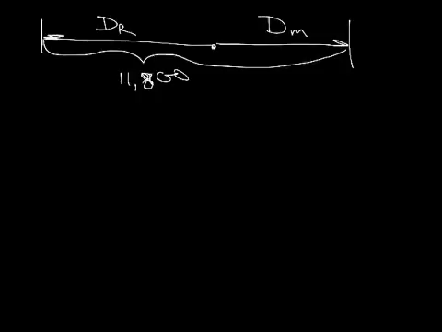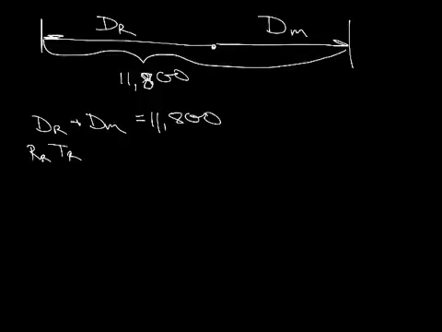Let's see. What do we know? We know the distance of Rocket Man plus the distance of Moonfa was 11,800. Okay, not too bad. We know that the rate of Rocket Man times the time of Rocket Man plus the rate of Moonfa times the time of Moonfa equals 11,800. We just switched the distances with RTs.